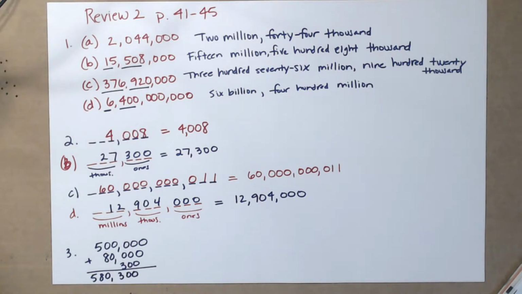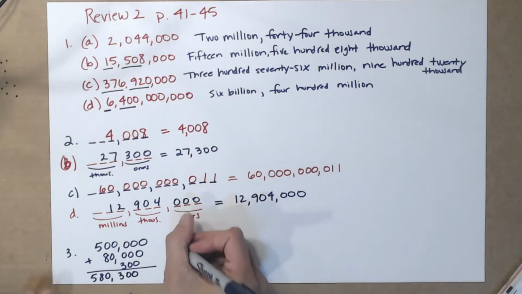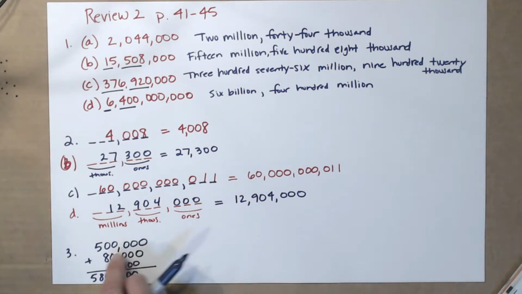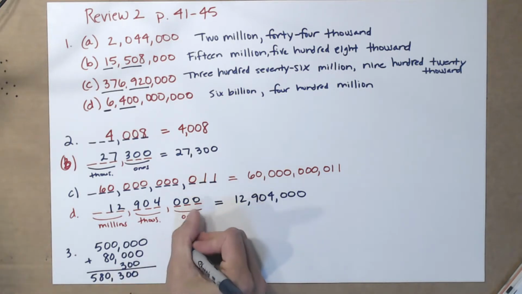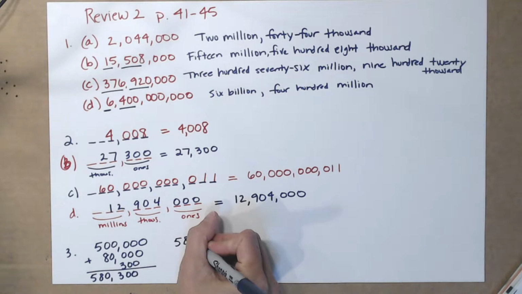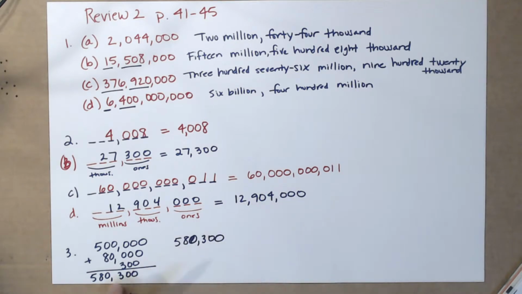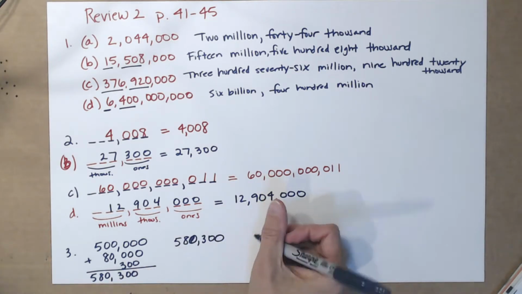Or you can just think about it in your head. If you have 500,000 and 80,000, add your thousands and you get 580,000, and then just add on the 300. If you can't do that in your head, you can do it vertically.